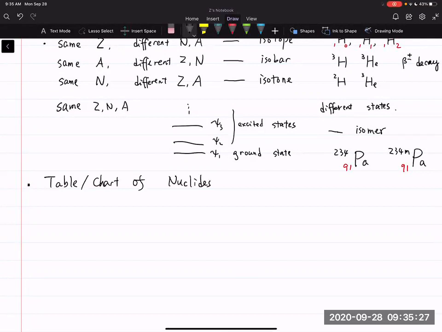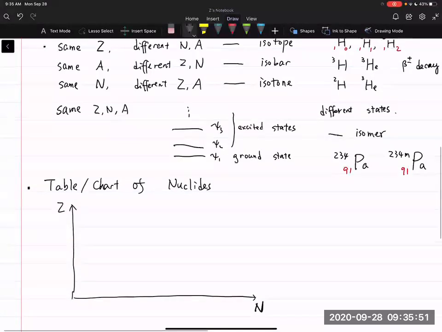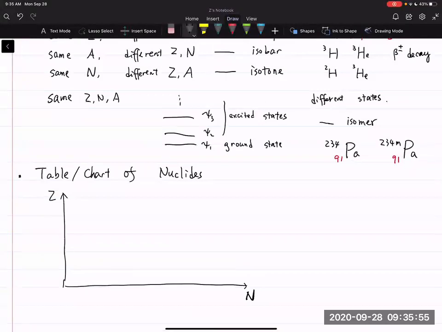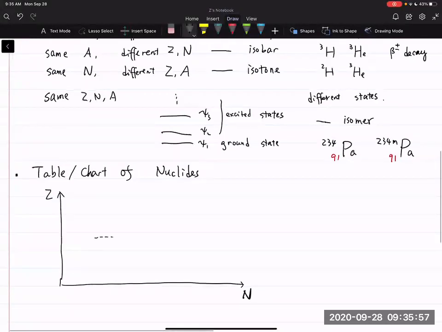So what is that? That is a chart where we put Z versus N, either Z versus N or N versus Z. For every element Z, we can have multiple isotopes, and we put them here.